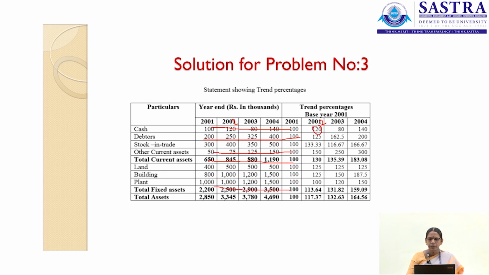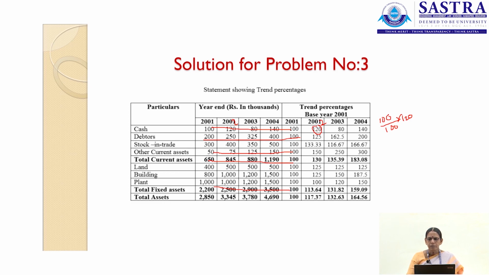And this is calculated as 100 divided by 100 into 120. So, this is the way in which we are going to calculate the figures for 2001, again 2002, 3 and 4.